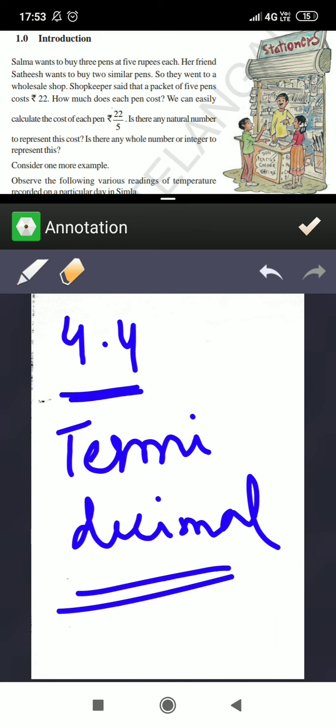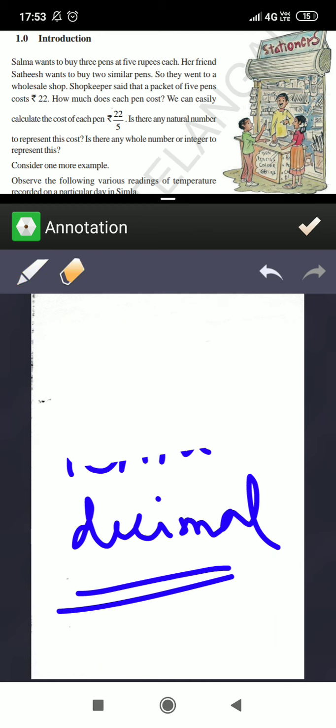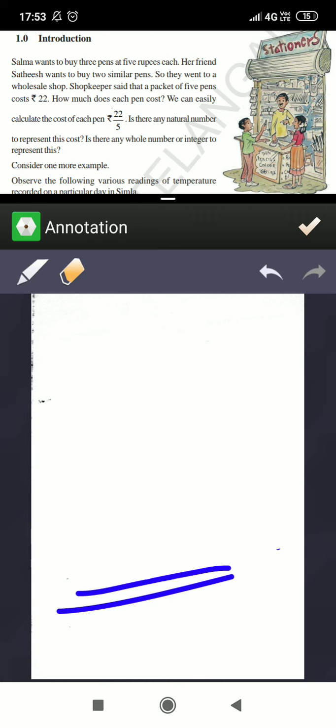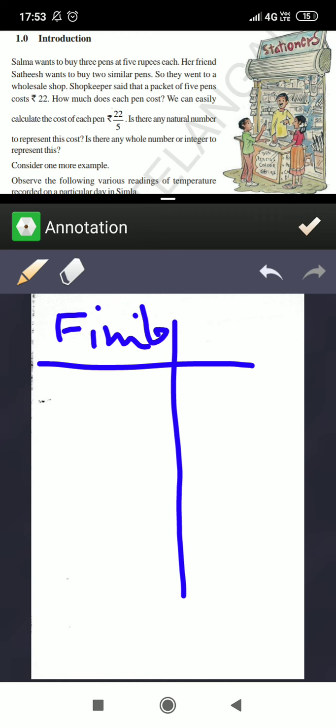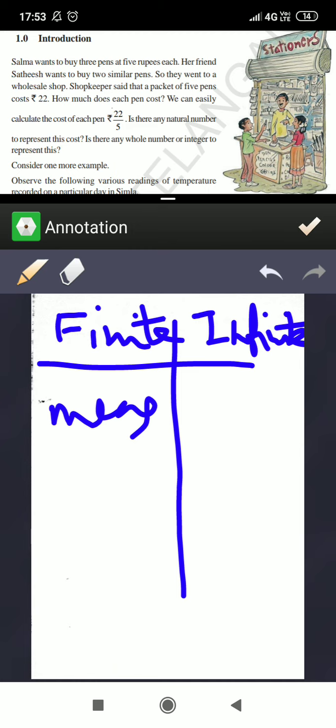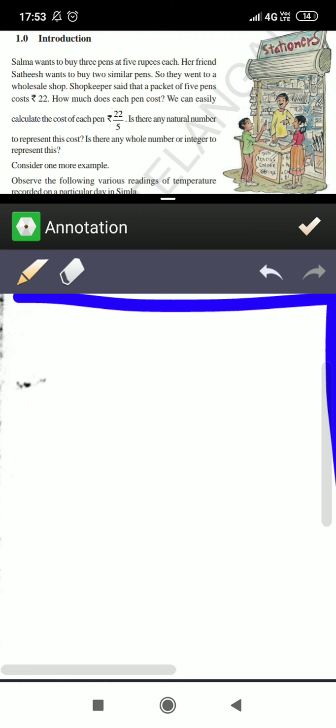A terminating decimal is nothing but a decimal number that has a finite number of decimal places. Let us classify finite and infinite definitions differently. Finite means it can be measured.